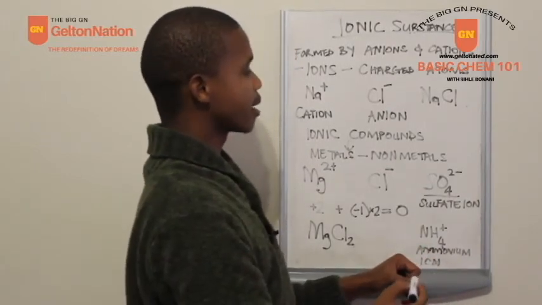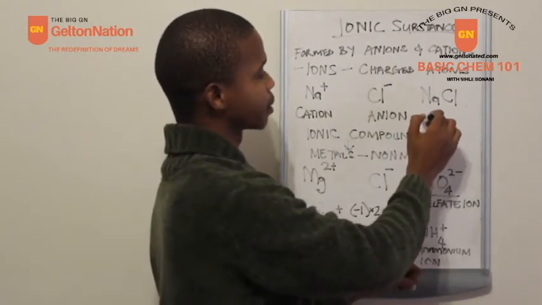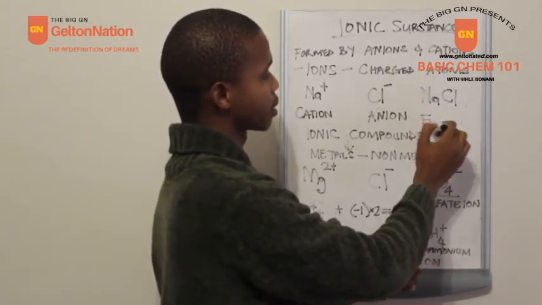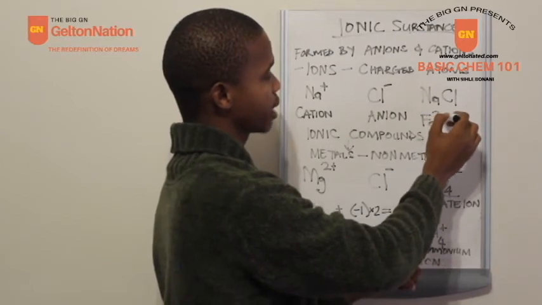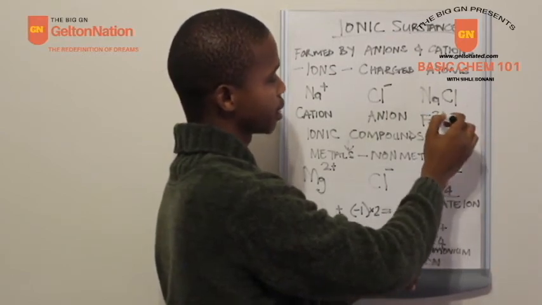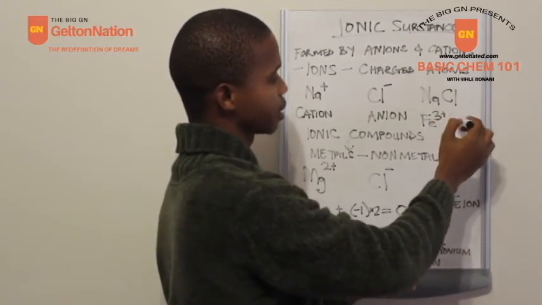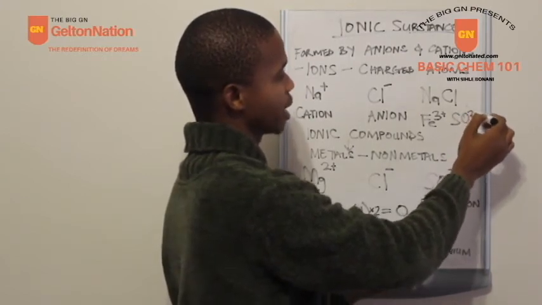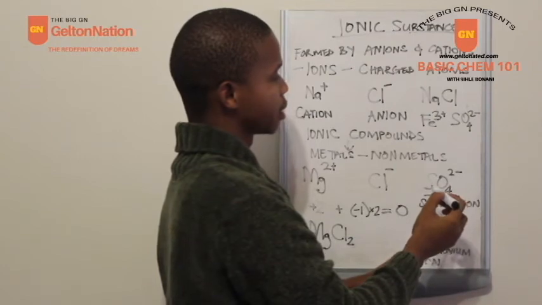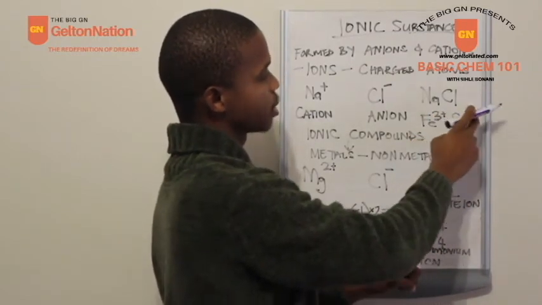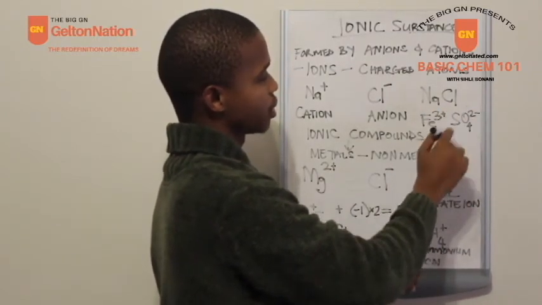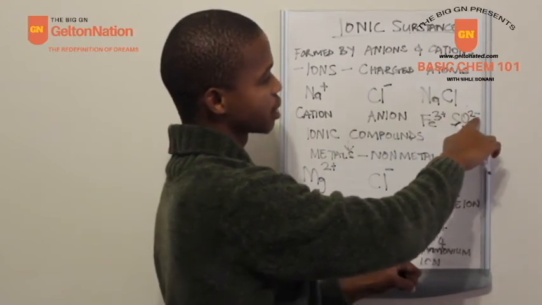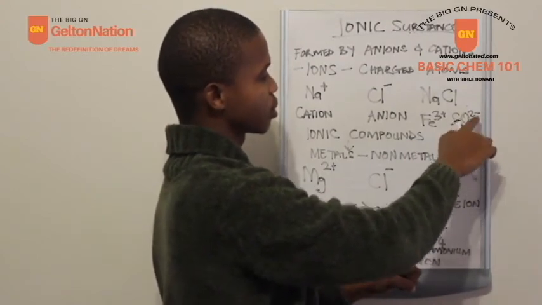So let's say I have iron 2 plus, and let's say this is iron 3 plus, and SO4 2 minus. So these need to cancel each other out. So if this is 2 and then if this is 3, this is 2.